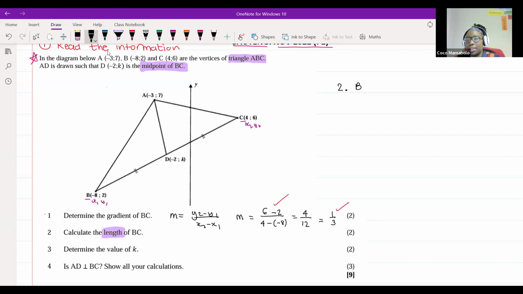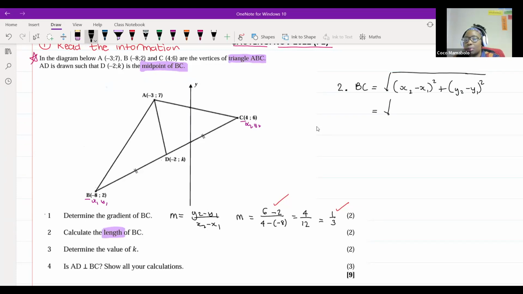So I'm going to say BC is equal to the square root of, and lucky for me, I've already labeled. Let me just write the equation down. x2 minus x1 all squared plus y2 minus y1 all squared. We're just going to substitute.